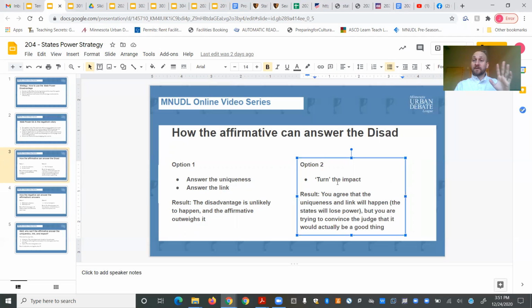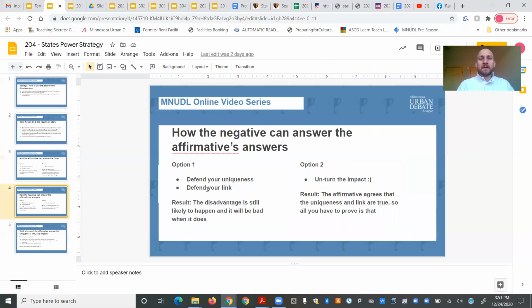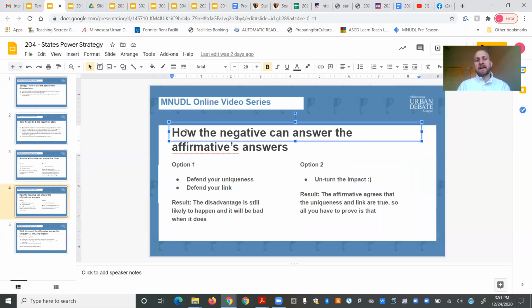You're basically saying you agree things are balanced right now, and that passing the plan would imbalance things for powering more the federal government, right? And then you're saying that's a good thing because the national government does good things with power, whereas the states do bad things with power. So obviously these are two very different options, right? So how can the negative answer the affirmative's answers?